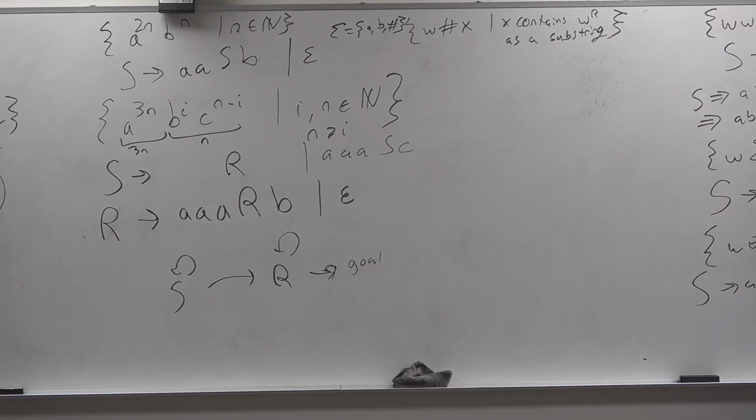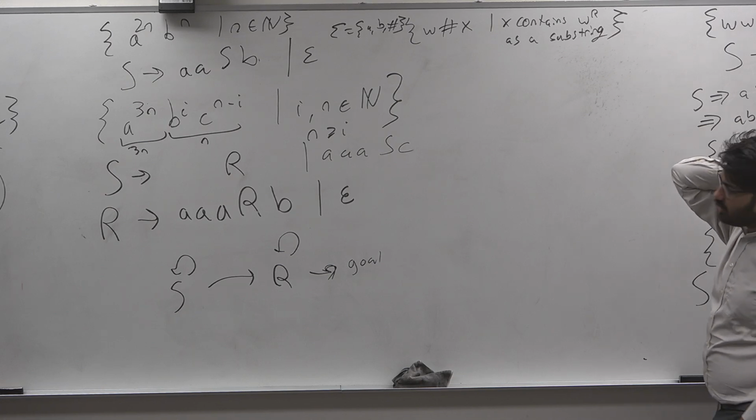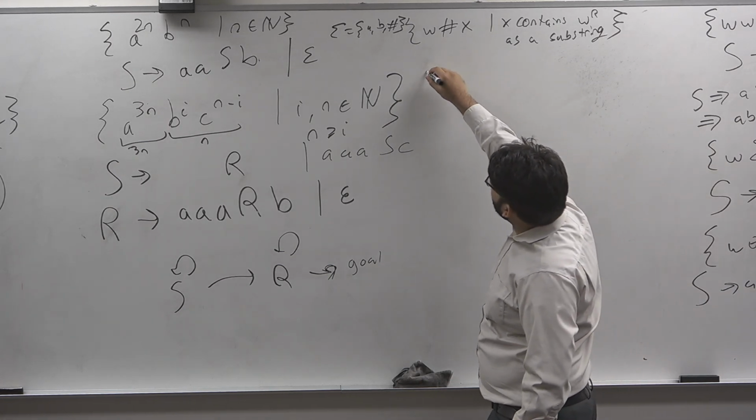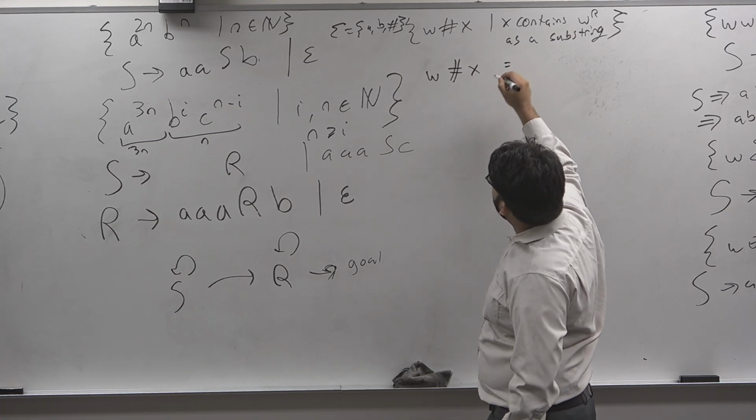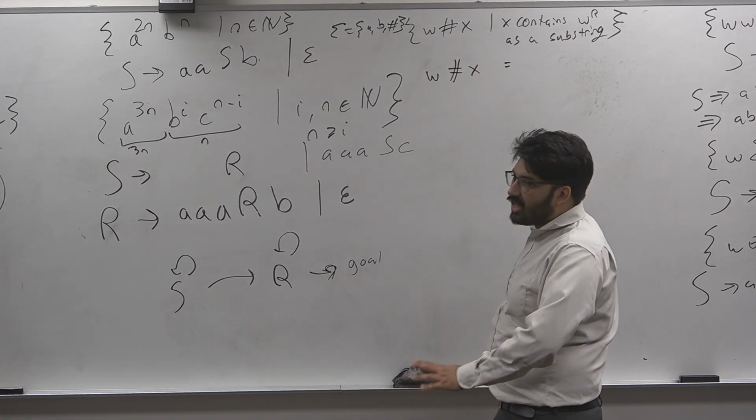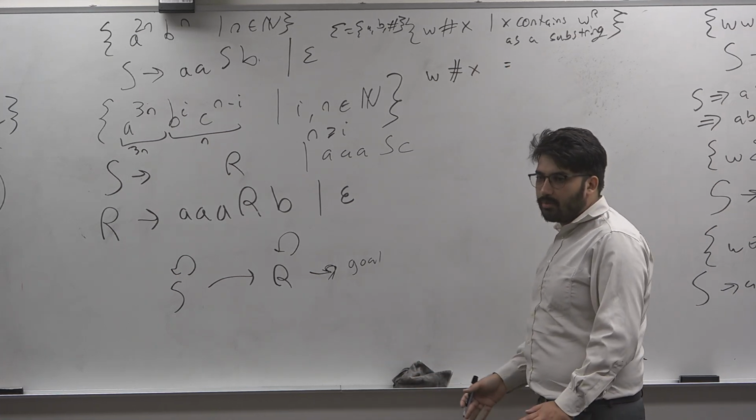Before we try to think of productions, let's think about what it means for X to contain a substring. If X contains the reversal of W, then this looks like W hash X. And X is any possible string with the reversal of W in it.